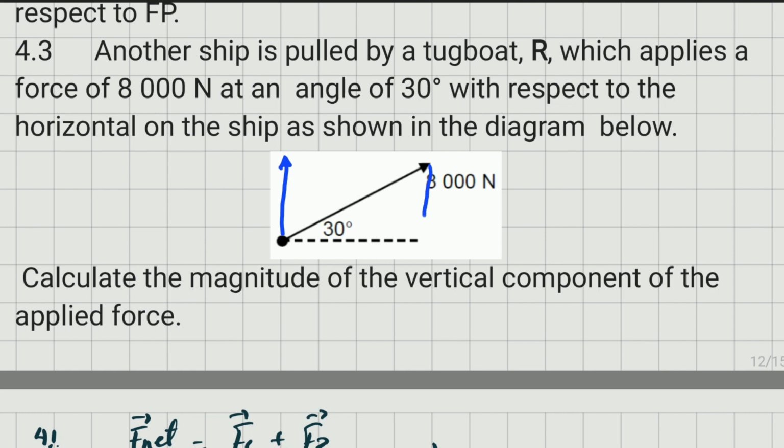How do you calculate that one? That one is opposite to the 30 degrees. So if I do it here, you have that this is the opposite side, and this one is the hypotenuse.